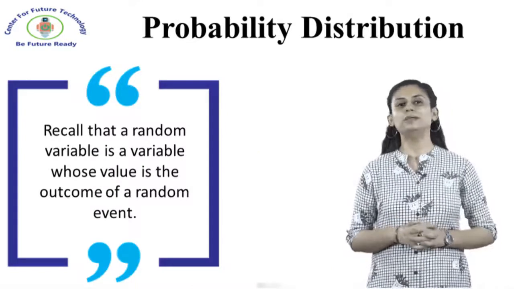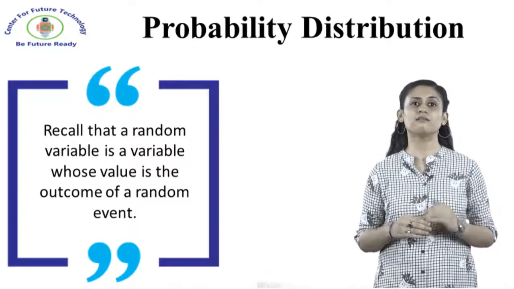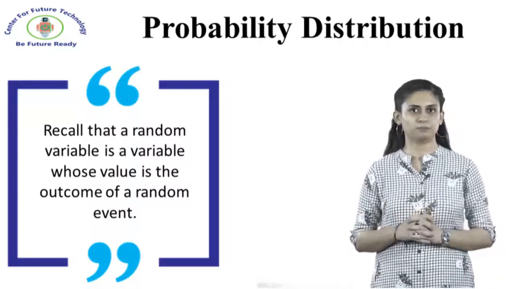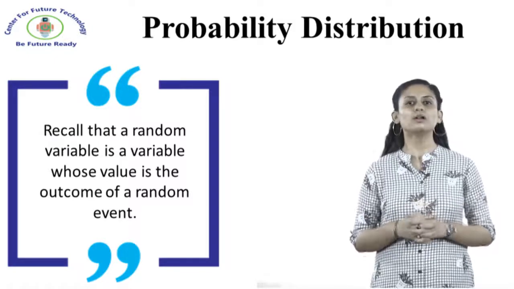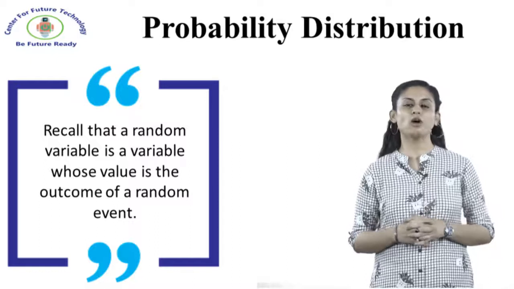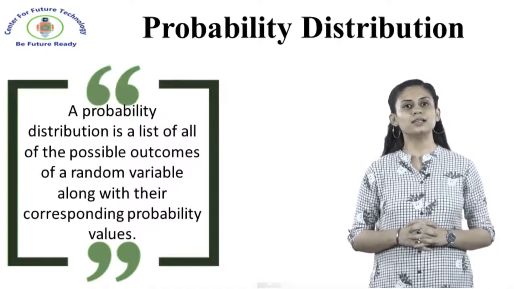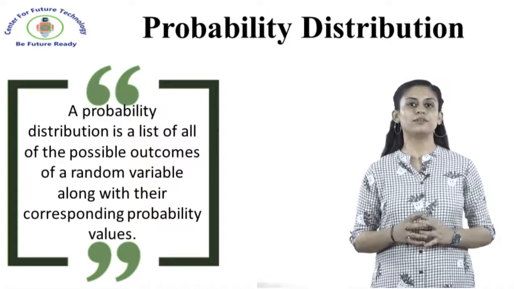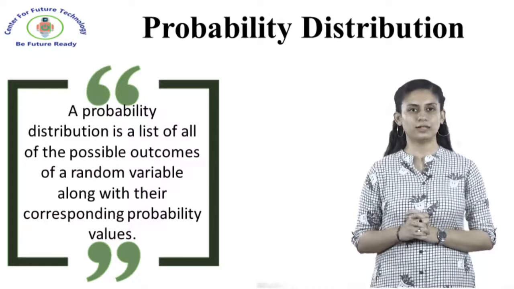Next one is probability distribution. Recall that a random variable is a variable whose value is the outcome of a random event. For example, a random variable could be the outcome of the roll of a die or the flip of a coin. A probability distribution is a list of all of the possible outcomes of a random variable along with their corresponding probability values.